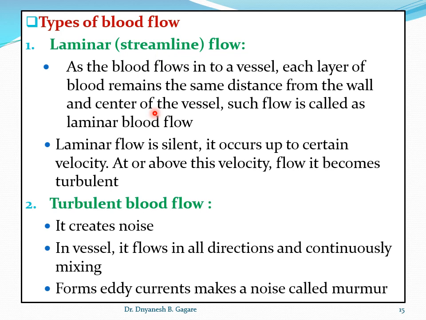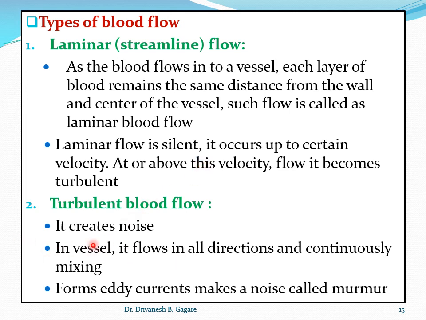Here the blood flows silently, and all layers of the blood remain at the same distance from the wall of the vessel and the center of the vessel. But when the viscosity of the blood increases, it can be converted into turbulent flow.